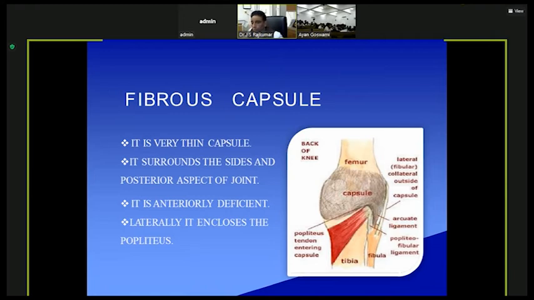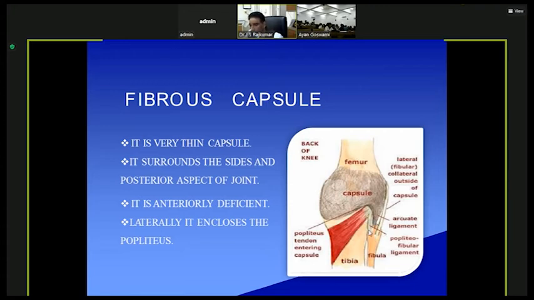So this is the back of the knee. That's the capsule. You can see the popliteus tendon entering the capsule. It's the only muscle of the knee joint that actually enters through the capsule and goes inside. You can see outside of the capsule the fibular collateral ligament, and you can see this thickening of the capsule that extends towards the head of the fibula. The posterior aspect of the head of the fibula is known as the arcuate ligament.